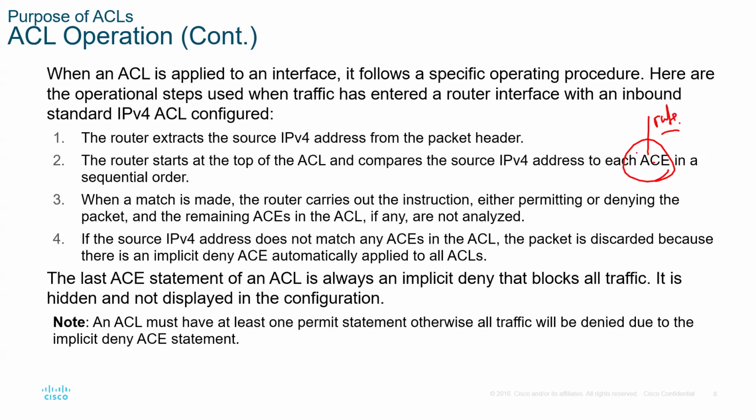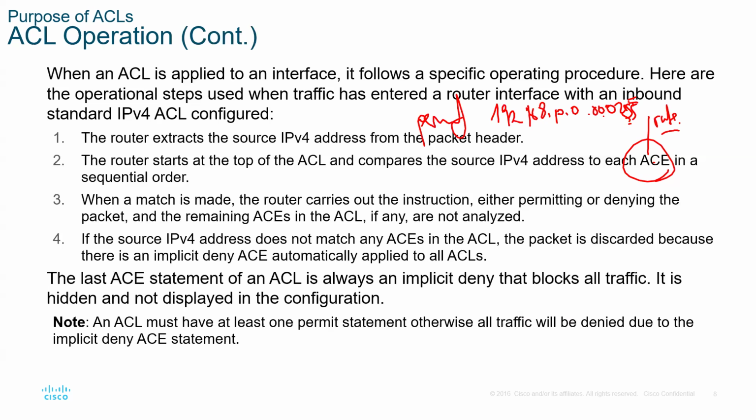An ACE, like we said, is the rule that permits or denies. So if you have a match, you could have a rule that says permit traffic from 192.168.10.0 with wildcard 0.0.0.255. So it's basically permitting traffic from 192.168.10.0/24.